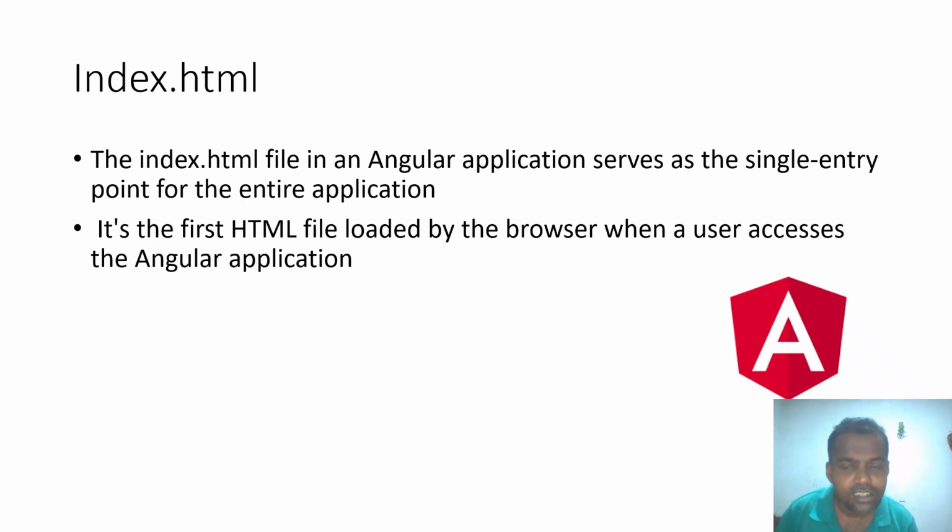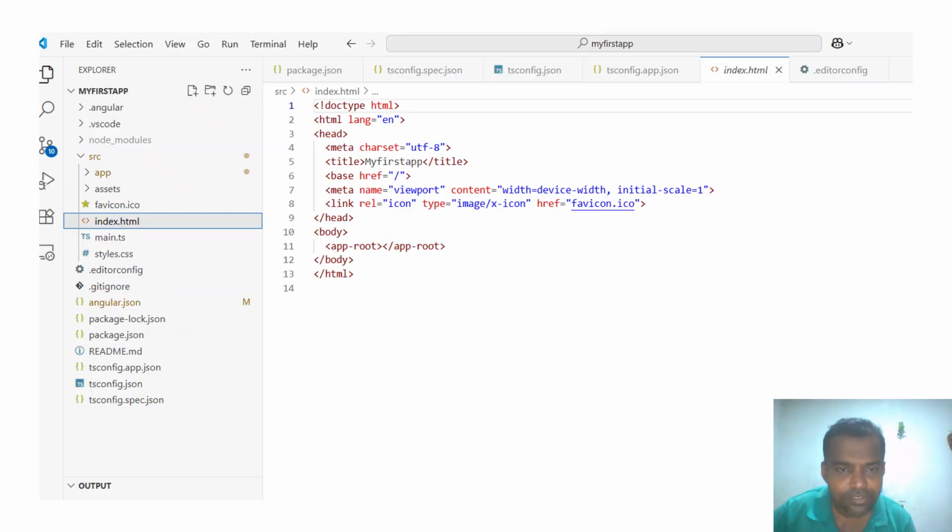And now we are going to learn the entry point. The single entry point of the Angular application is the index.html file. Using that, the browser can render our Angular application. Here you can see the content of the index.html.